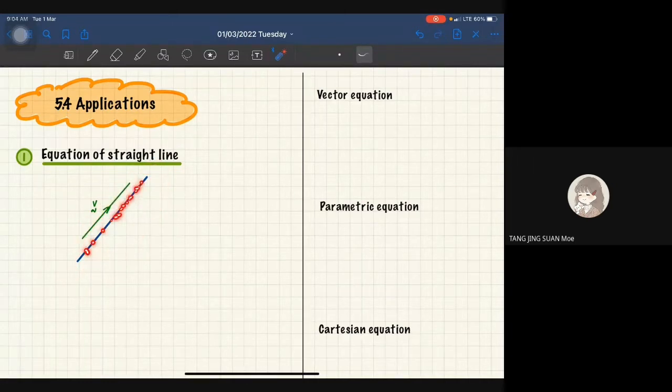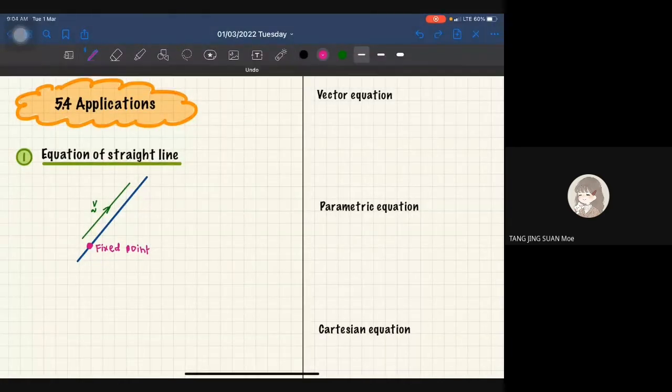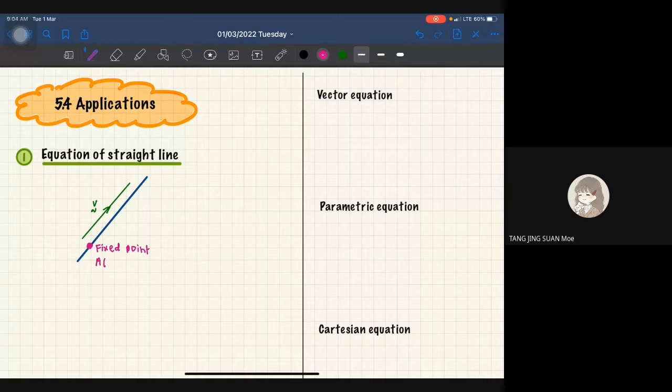Kita akan ambil satu sahaja point, which we call as a fixed point, A. Contohnya duduk dekat sini, this is fixed point. We call it as A. Dia ada dalam bentuk A1, A2, A3. So dia nilai lah sebab dia point.